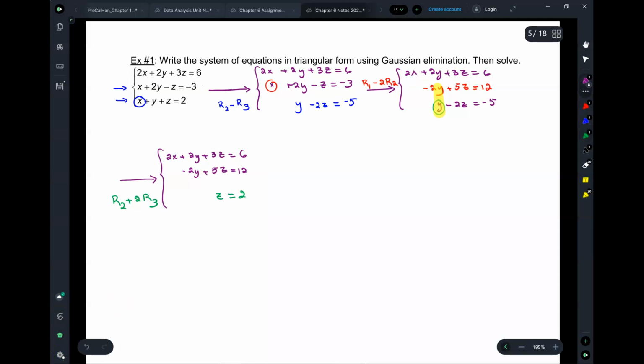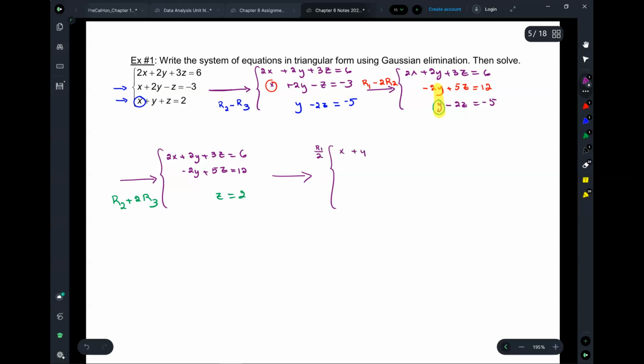To put it in row echelon form, the first constant, the leading coefficient in each row, has to be a 1. So to make this a 1, we have to divide through by 2. We're going to do row 1 divided by 2. We're almost done.